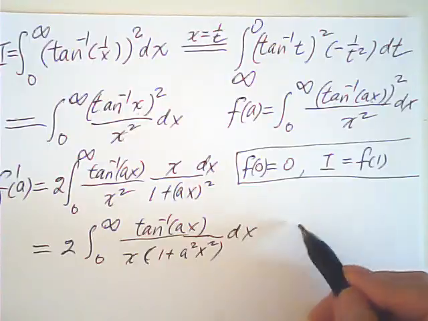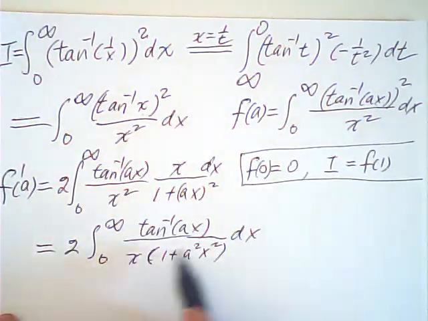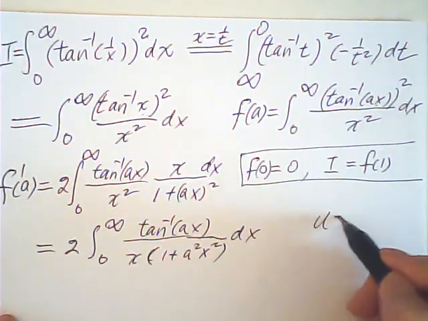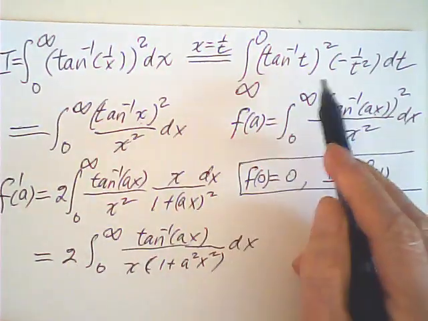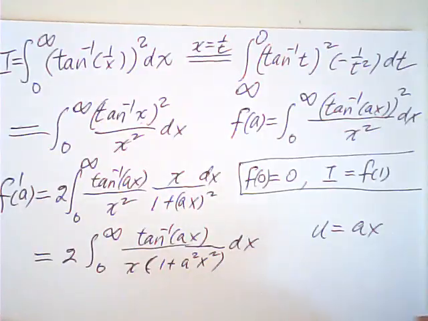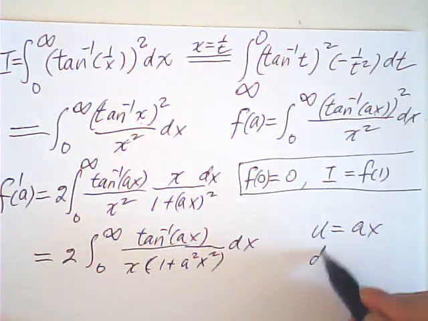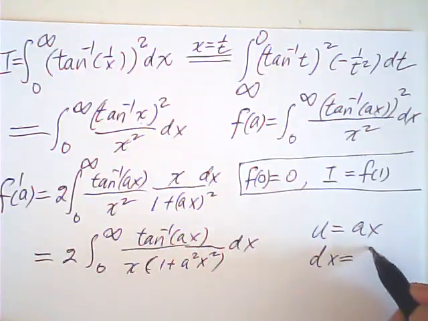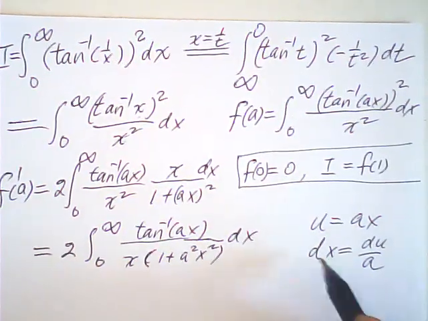Then I'm using substitution again. Let u be ax. I have used t already, so let me use u. Then dx will be du over a, right?